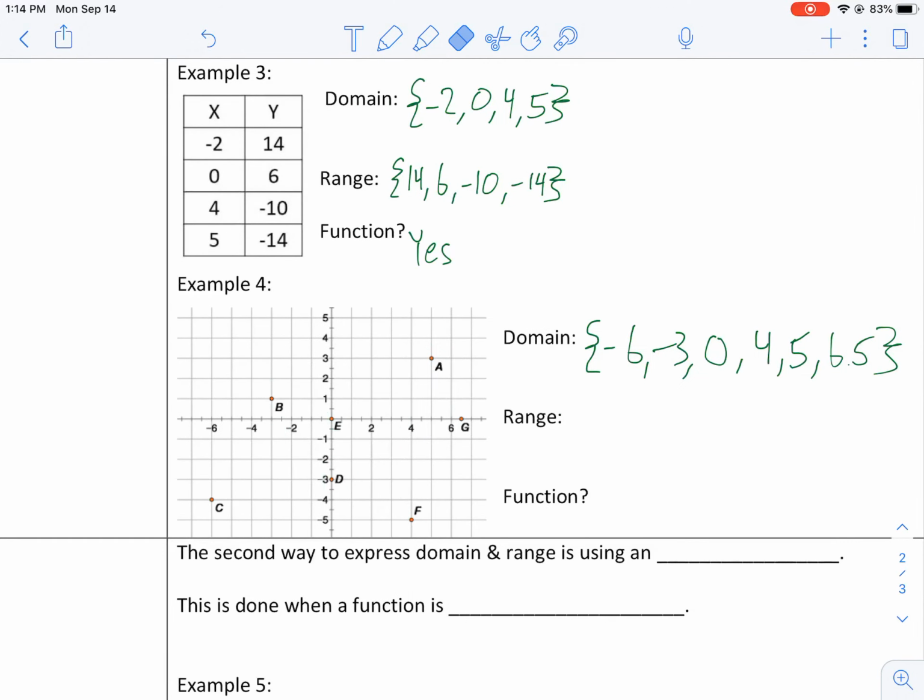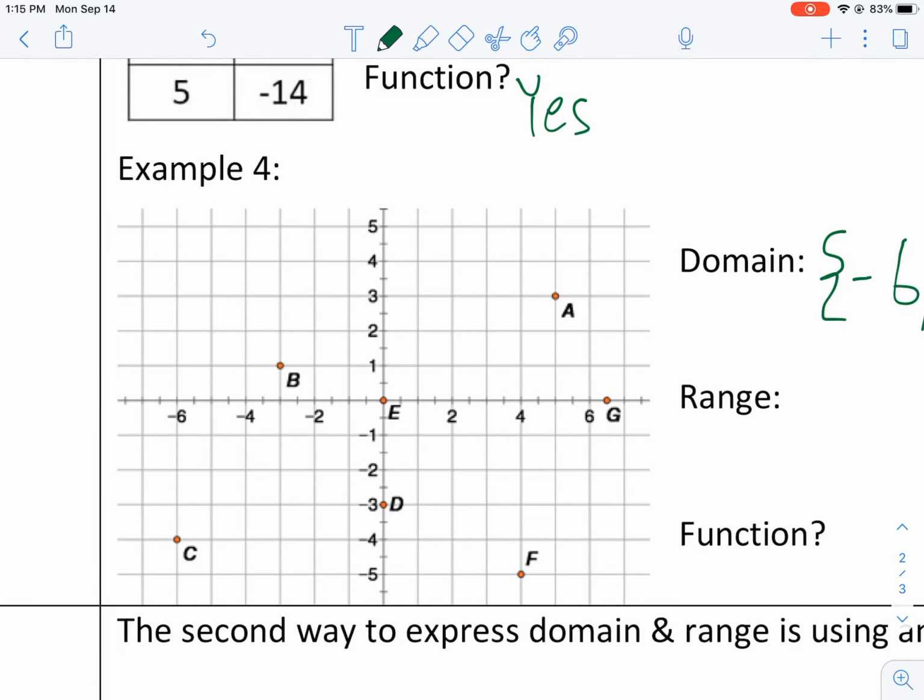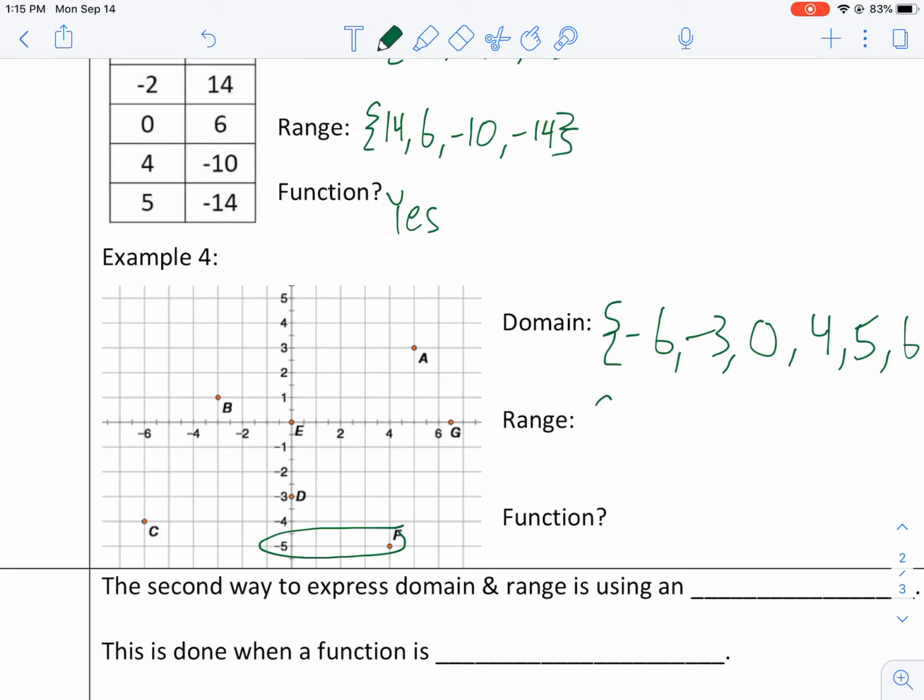Next, our range is going to be all our y values. So we're going to do the same thing that we did before. We can look here. So this F point has a range of -5. C has a range of -4. D is at -3.